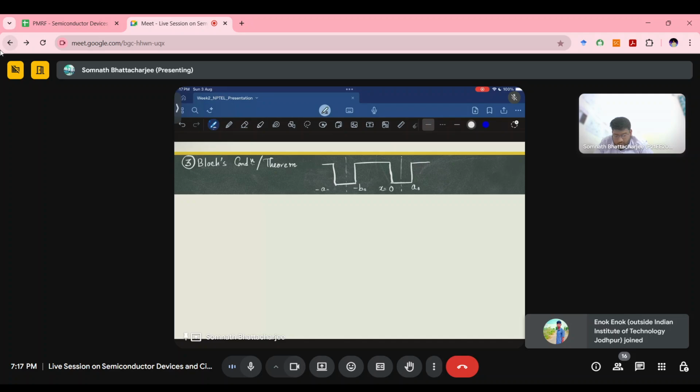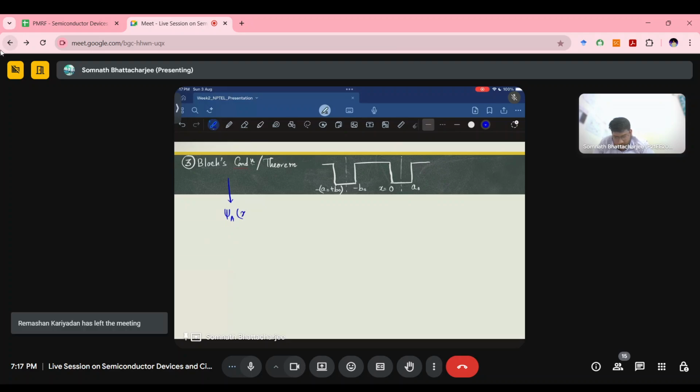So in this case, at this point, psi A at x equals a naught, I am talking about this line.